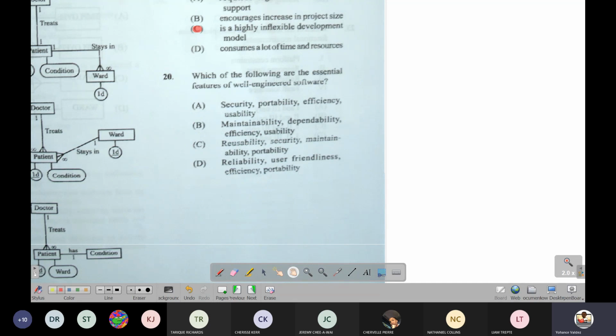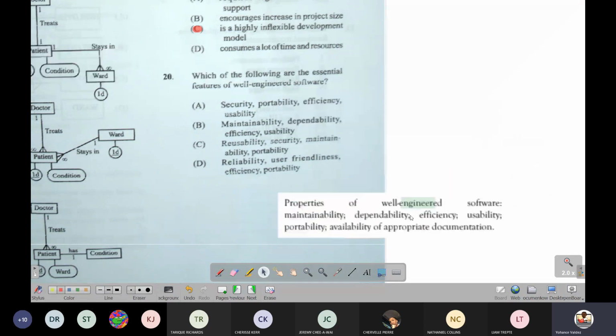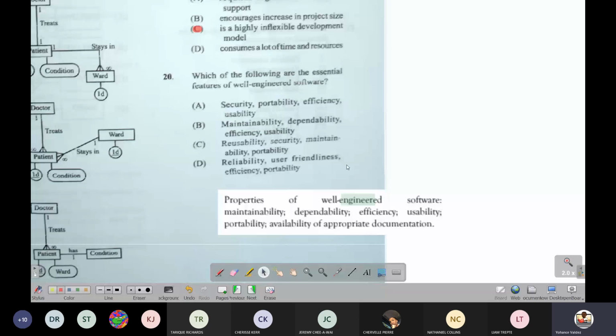So I'm going to pull up the features of well-engineered software. Right? So the attributes, the properties of well-engineered software, and I'll just copy and paste it right here next to the question. Maintainability, dependability, efficiency, usability, portability, and availability of appropriate documentation. So it's right here next to it.